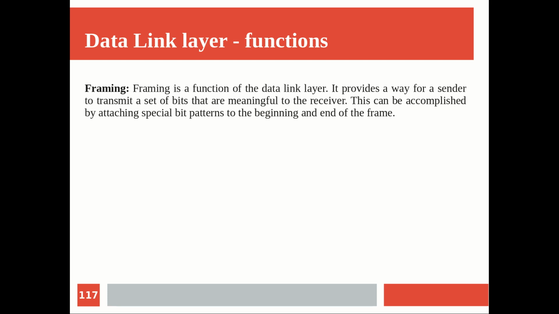There is a start of frame delimiter and an end of frame delimiter, and a particular pattern is chosen as the delimiter pattern for identifying the beginning and end of the frame.